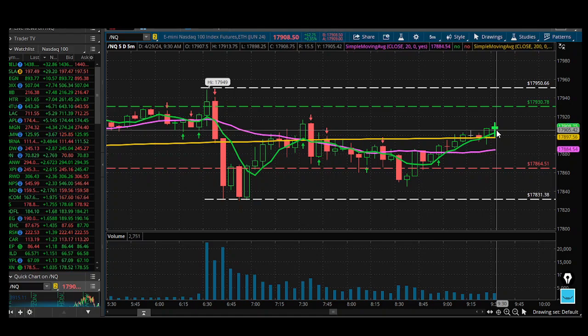So the point I'm making is that the longer you sit here and execute things the way they should be done, meaning allowing the setups to come to you and having a plan when you enter and exit the trade, like where are you going to exit, where do you want to take profits? There is no, well, the market looks like it can go higher, so maybe I go higher.